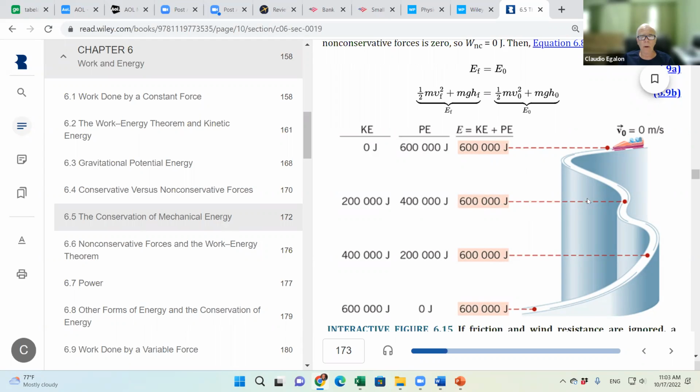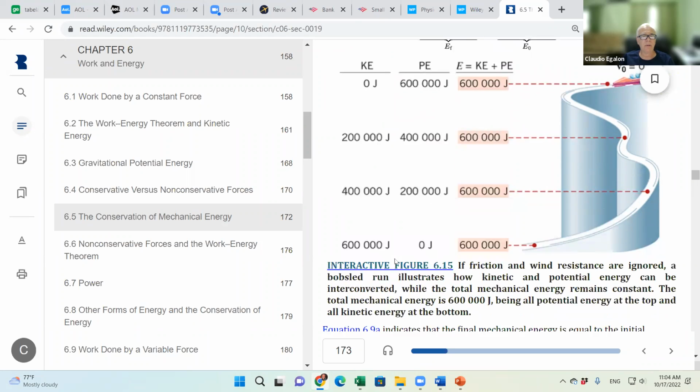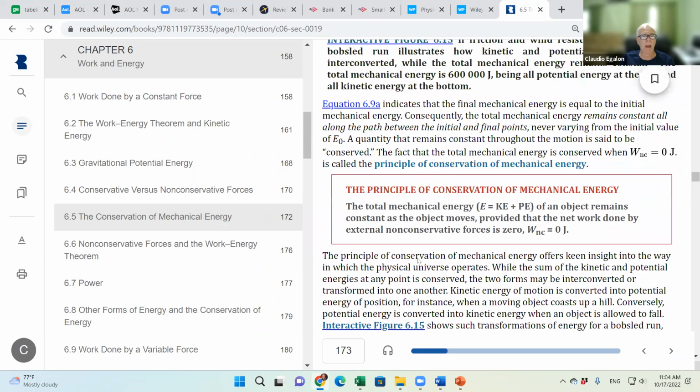A little bit lower, the kinetic energy increases from 0 to 200 because the object is now lower, and the potential energy decreases as well. So we are converting the potential energy into kinetic energy, into velocity. As the sled goes lower and lower, kinetic energy increases, potential energy decreases. That's what it's all about.